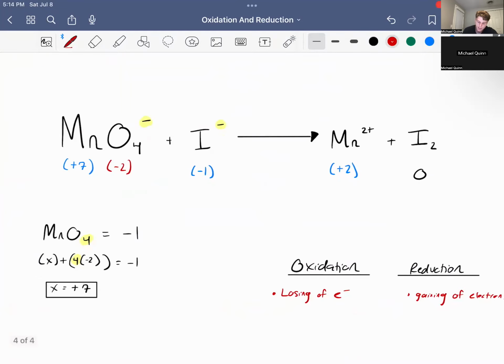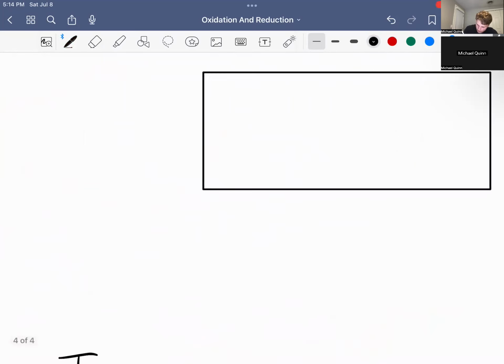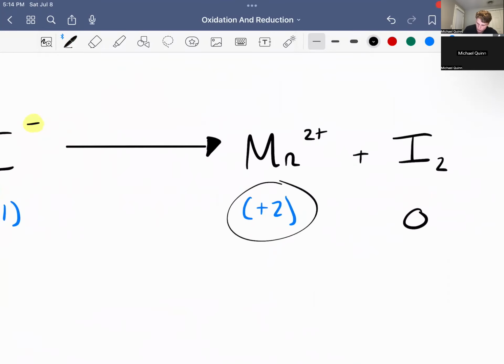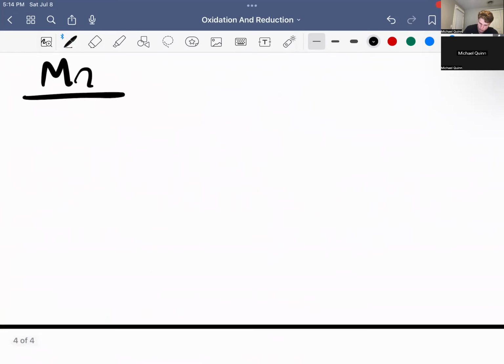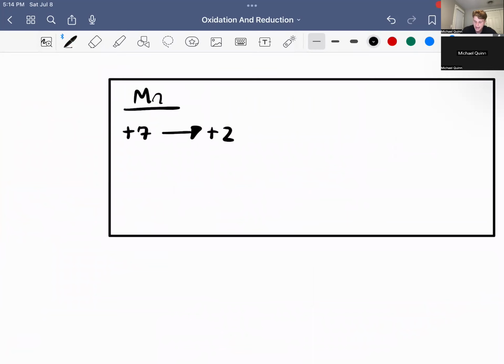So looking at Mn, Mn went from an oxidation state of +7 to +2. So Mn must have gained 5 electrons.